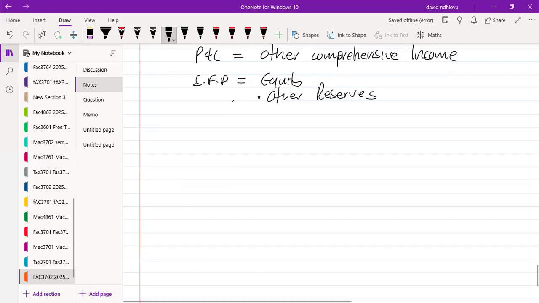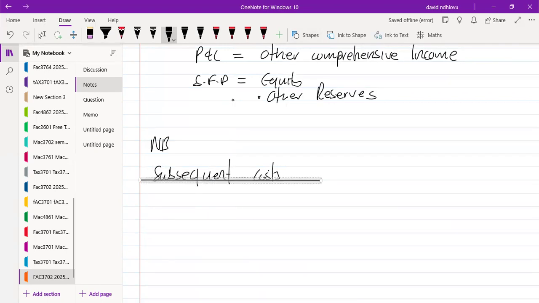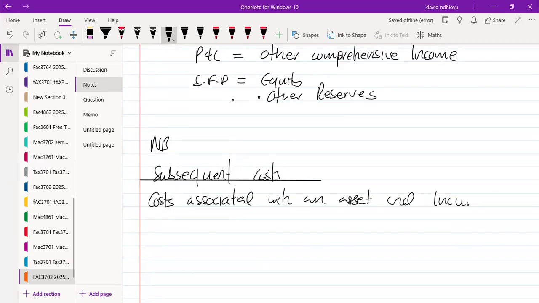Let's go to subsequent costs and explain what this is. These are costs associated with an asset and incurred after initial recognition.